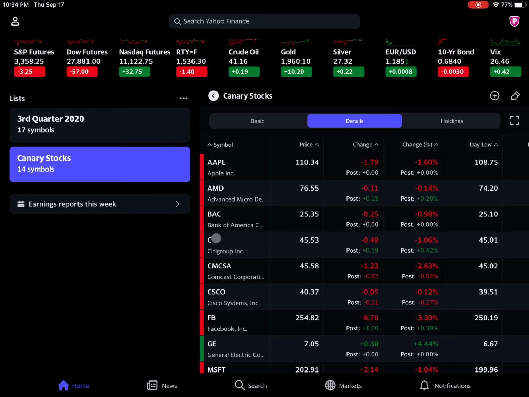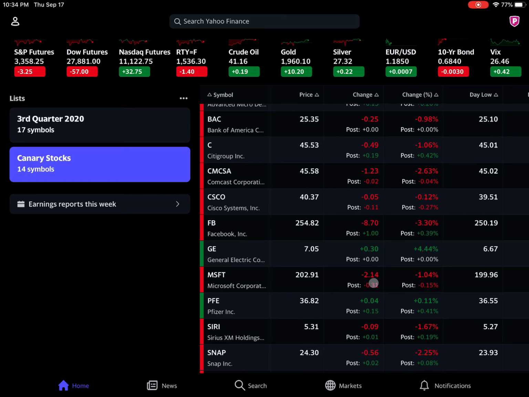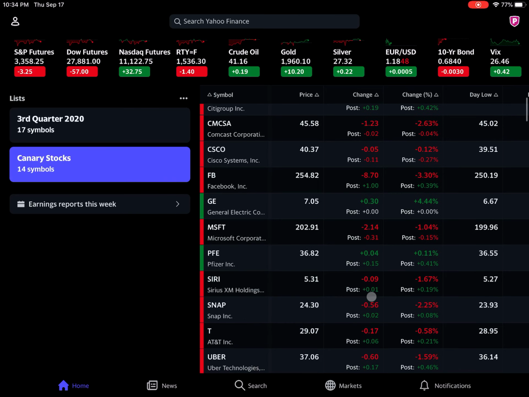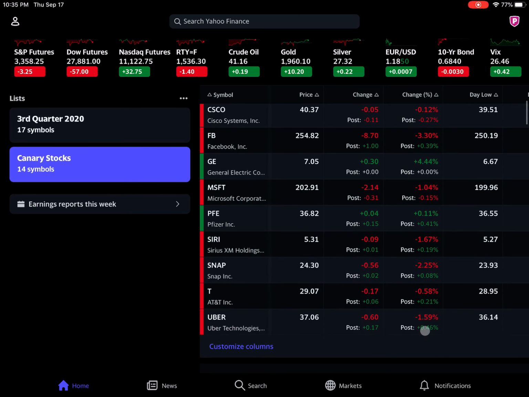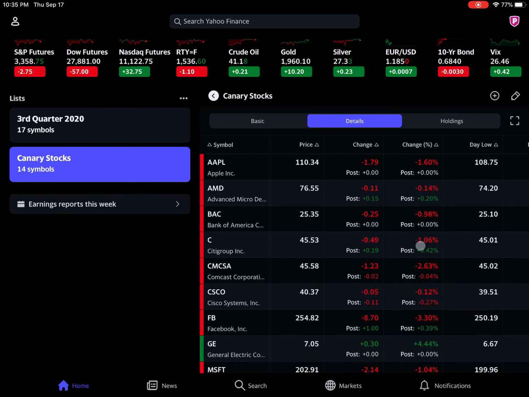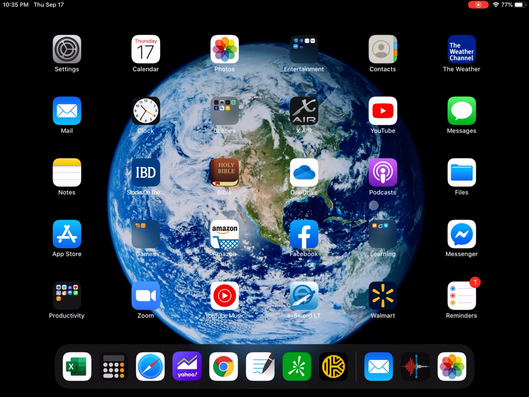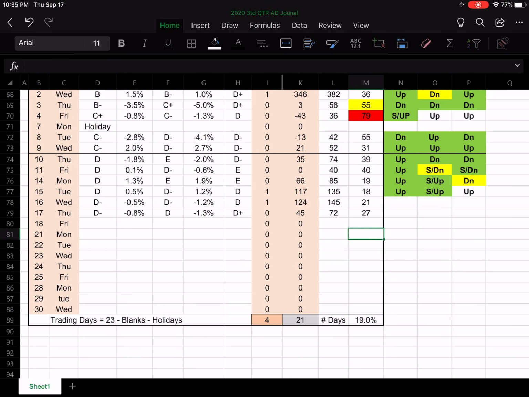But she looks at all these industry leaders in different sectors of the market and looks to see how many of them are up versus how many of them are down to kind of get a feel for what's going to happen that same trading day. So she'll go in and do that in the mornings. I'll just take a glance at it, and if I see them all red or all green in the post or the pre, I know pretty much what's going to happen from there.